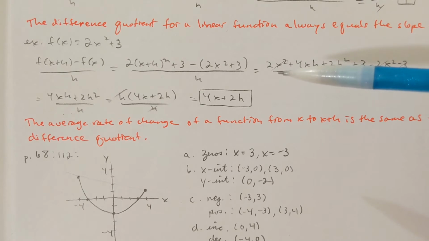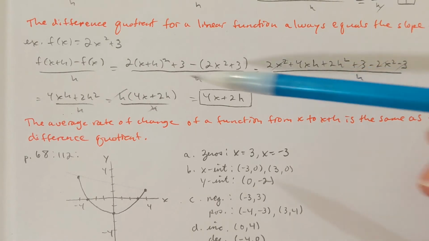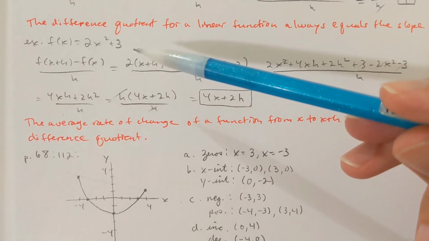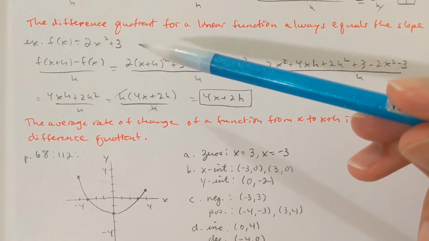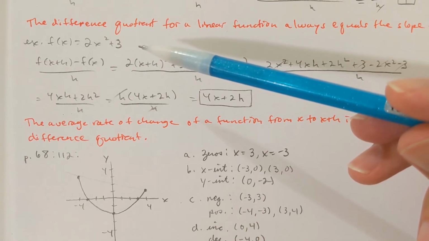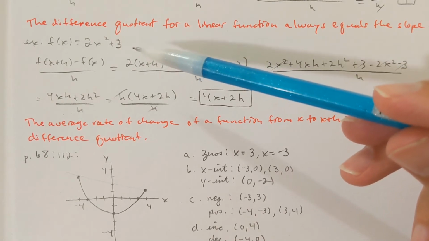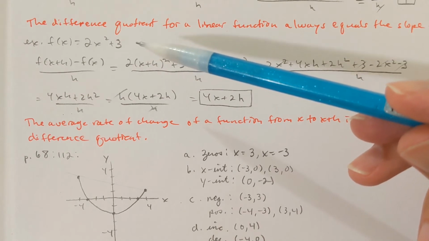Wherever I draw that line, I won't be drawing a line on top of a line, because this is a curve. This is 2x squared plus 3, and the x squared means that I don't have a line.